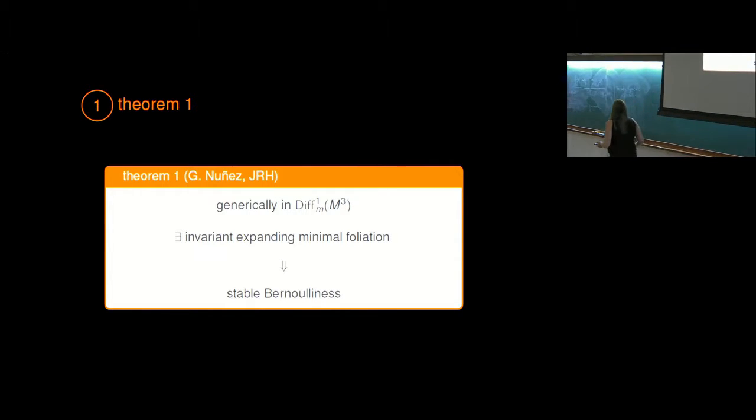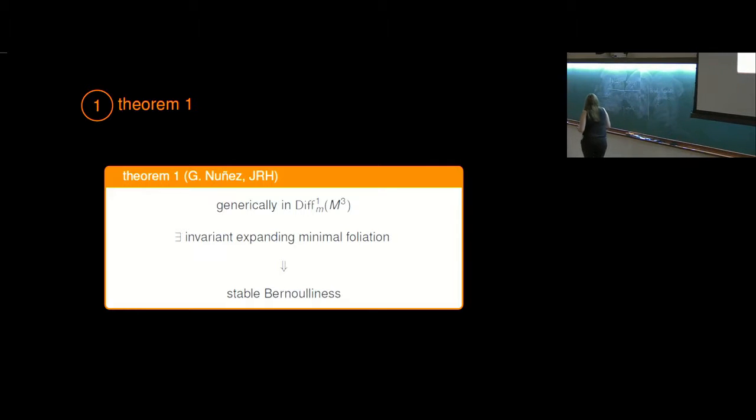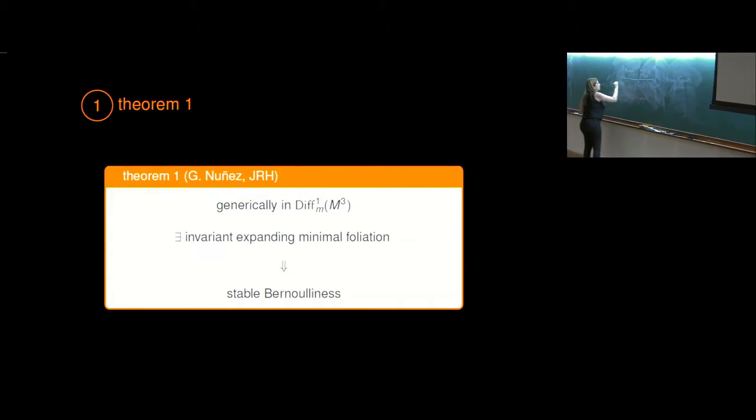What is stable Bernoulliness? Same as stably ergodic, but here you have Bernoulli. Bernoulli means isomorphic to a full shift, okay?